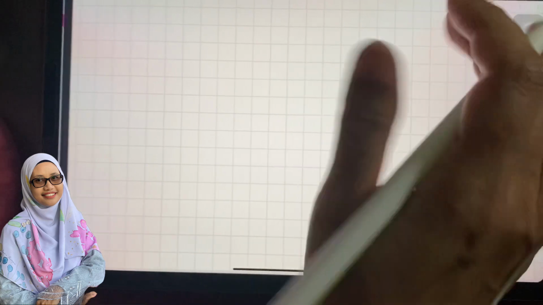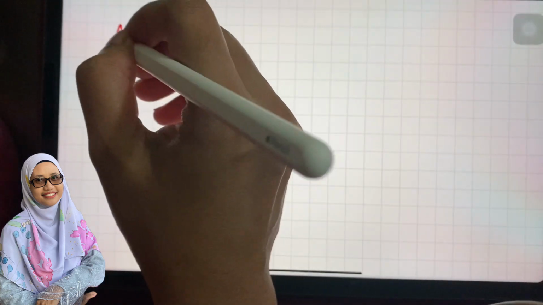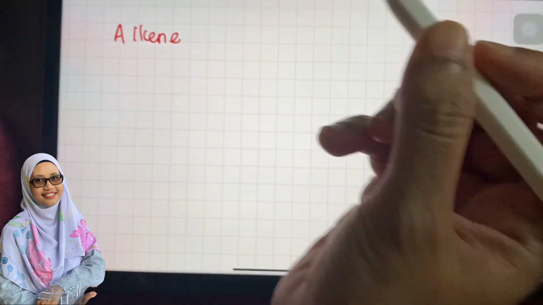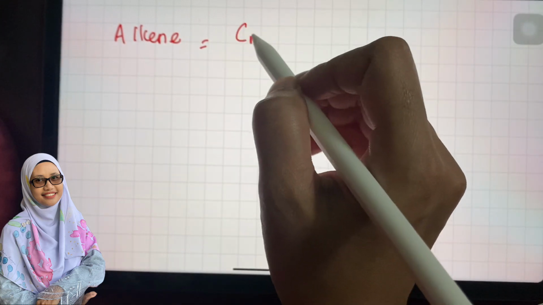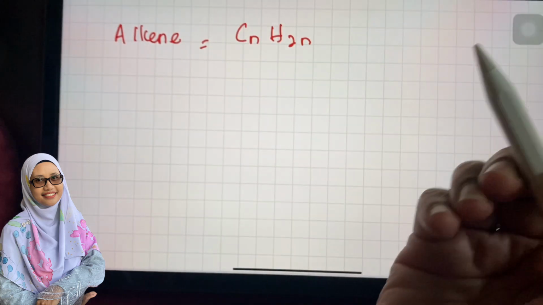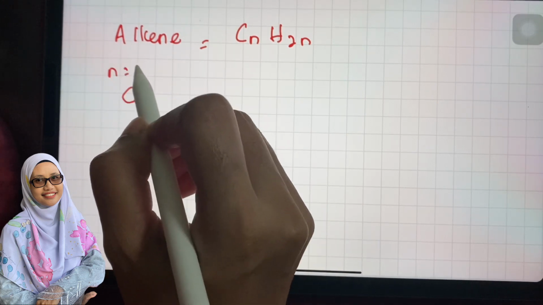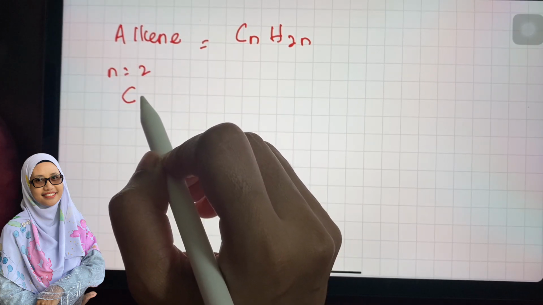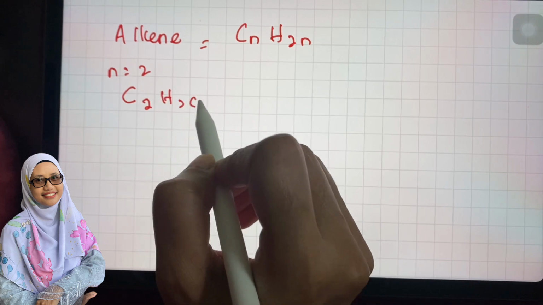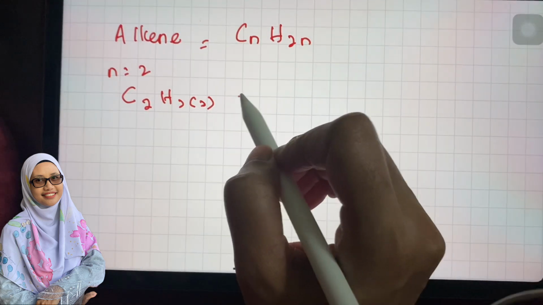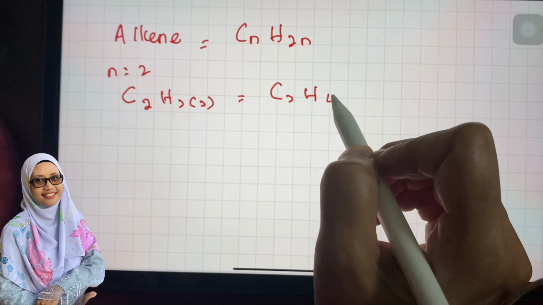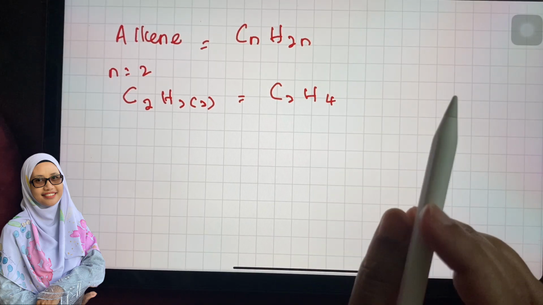We know that alkene is CnH2n. For example, I take n equal to 2. So it becomes C2H(2×2), which is C2H4.